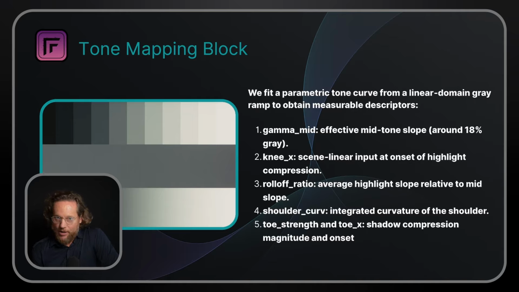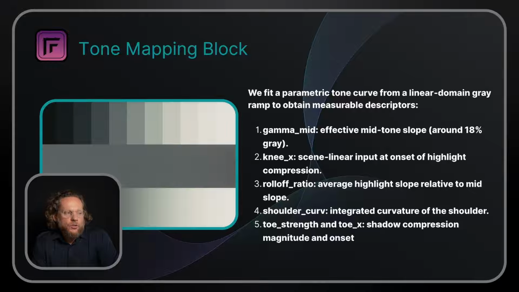Around 18% gray. So this is really what we're looking at, a slope. We're looking at what angle that particular part has. Then we find at what moment we get a knee, and then at what moment we get the roll-off. These are the two changes that happen at the bottom and at the end of the S curve of your tonal mapper.